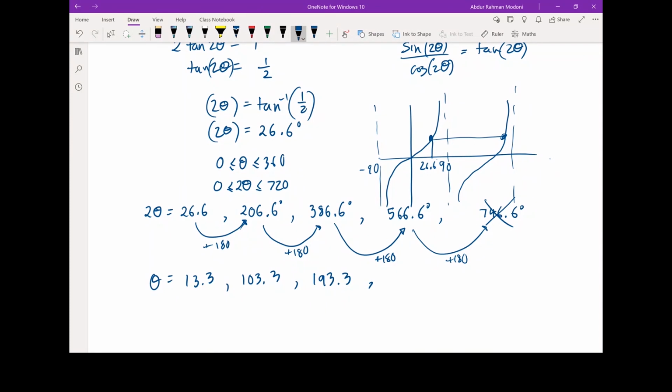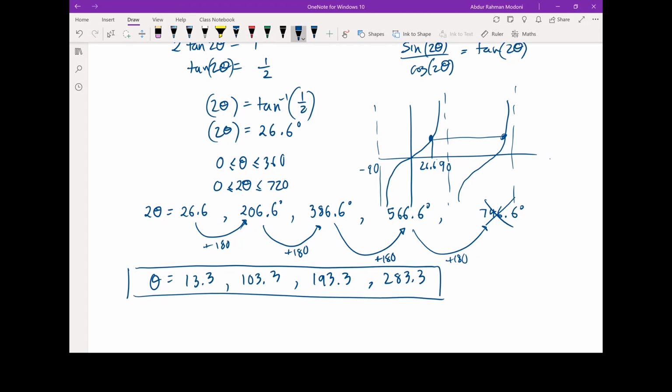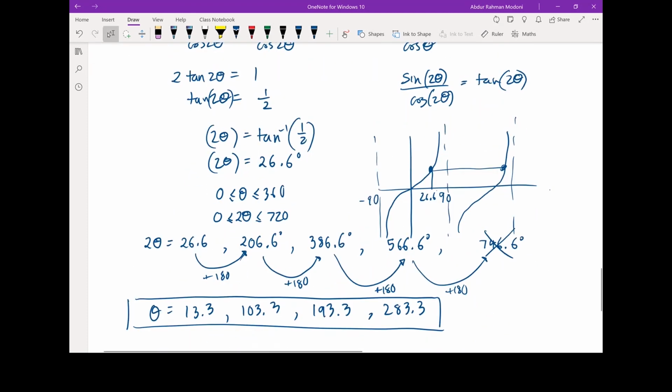And 566.6 divided by 2 is 283.3. So these are my solutions for theta, and we can see that these values are within the original range from 0 to 360 that we have highlighted.